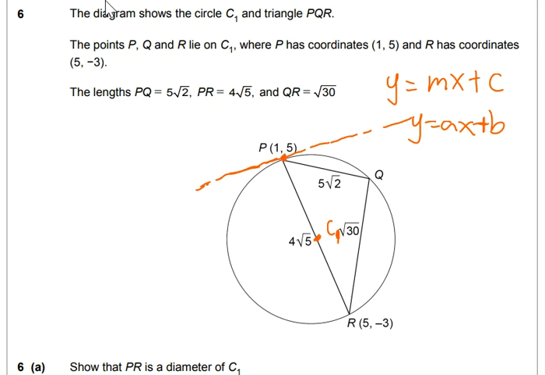We have the diameter, and the coordinates of both of its points are already known. So what is the relation between the gradient of the tangent line and the gradient of the diameter? They are perpendicular to each other.